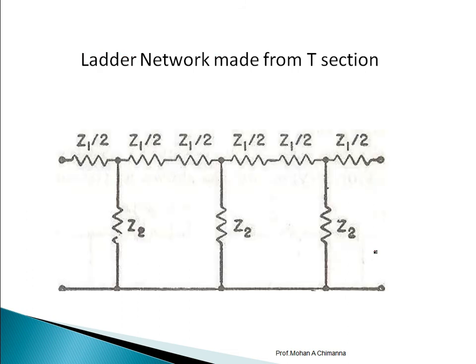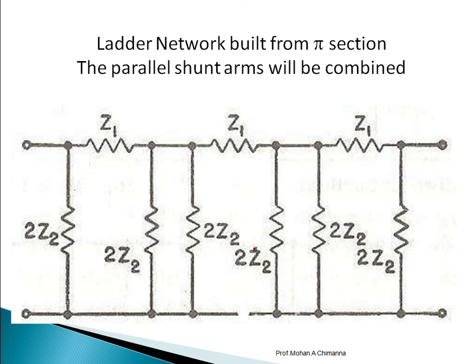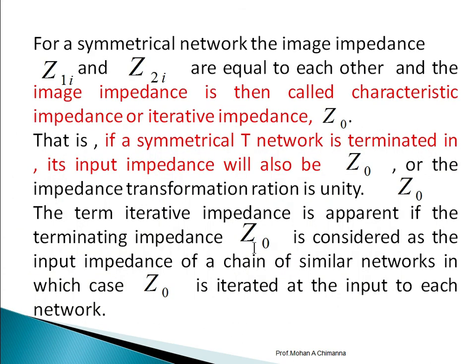The ladder network made from the T section has Z1 by 2 in this way, and here is Z2. And here is the ladder network for the pi section, Z1, 2Z2, 2Z2. In this way it will be connected in parallel form.